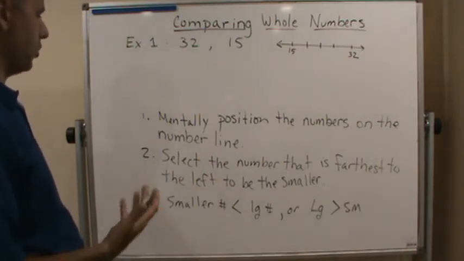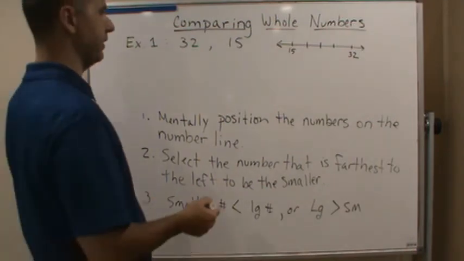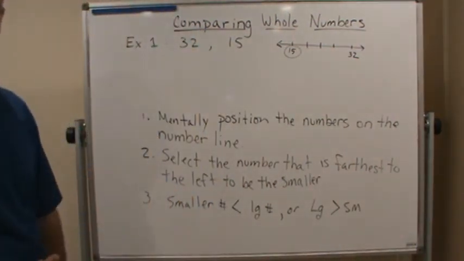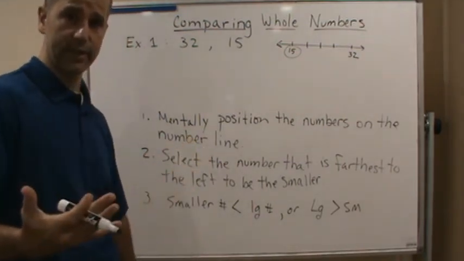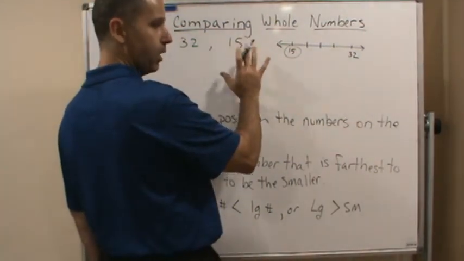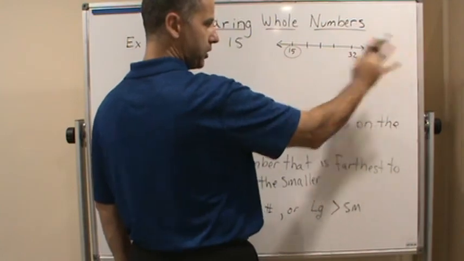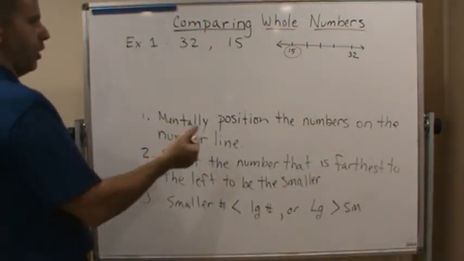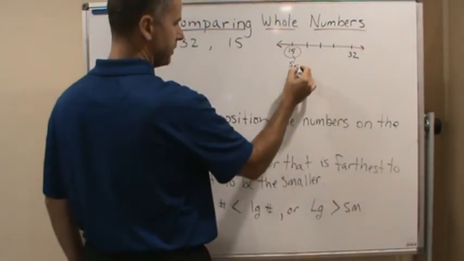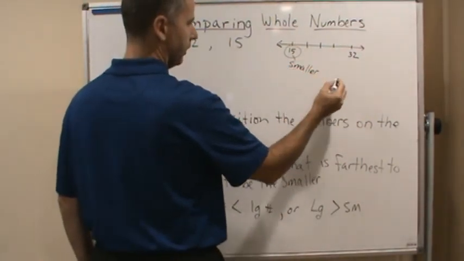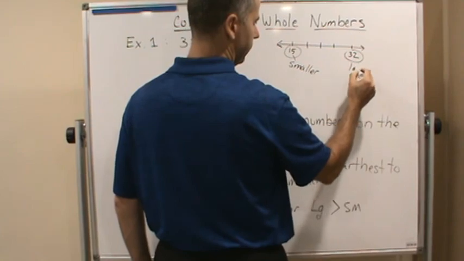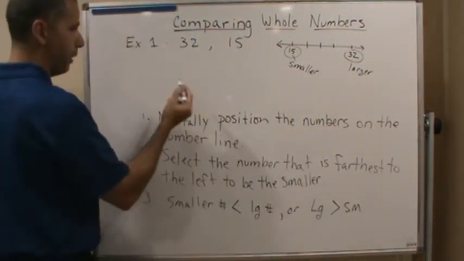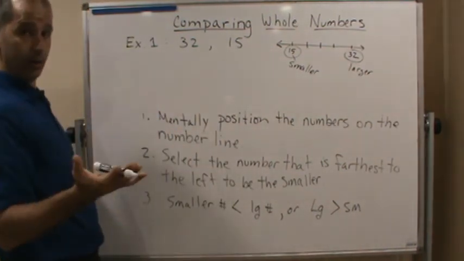Now step two is we select the number that's farthest to the left. That's the smaller number. All we're using is the fact that the number line goes from smaller numbers to larger numbers, left to right. So once we know that this is smaller and this is larger, now we can write our inequality.